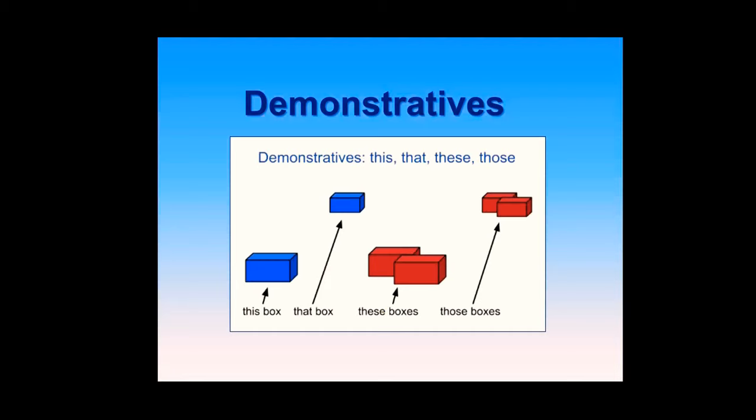Whereas that we use to show something which is singular but at a distance. These we use when we have to show a plural number which is near to us, and those we use when we have to show a plural number that is at a distance.